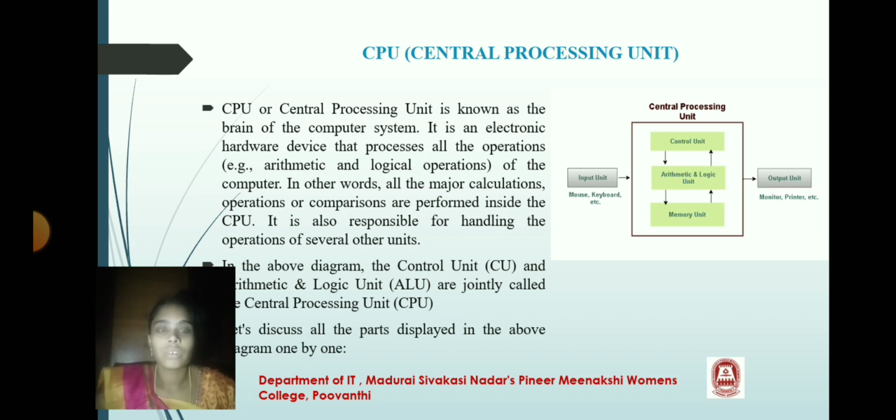In other words, all the major calculation operations or comparisons are performed inside the CPU. It is also responsible for handling the operations of several other units. In the above diagram, the central processing unit has three components: arithmetic and logic unit, control unit, and memory unit. Let us discuss in detail one by one.